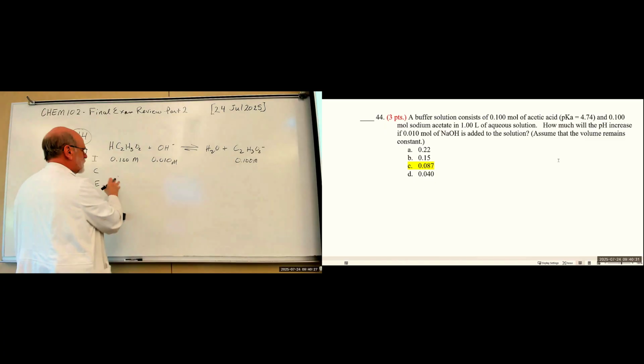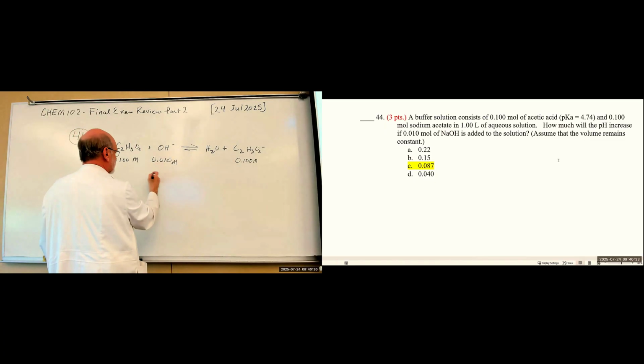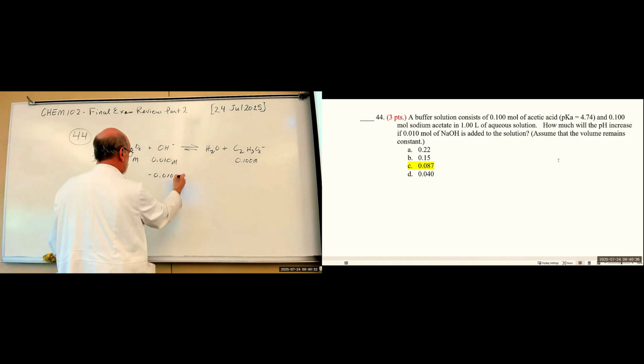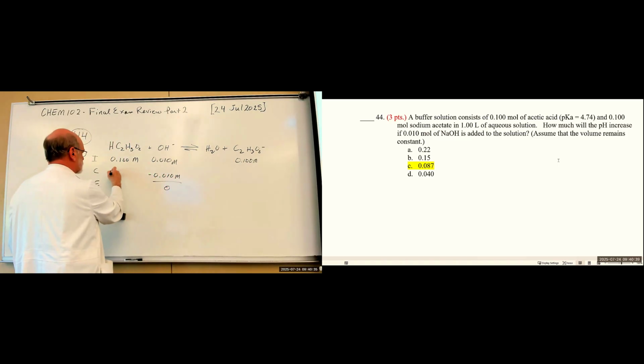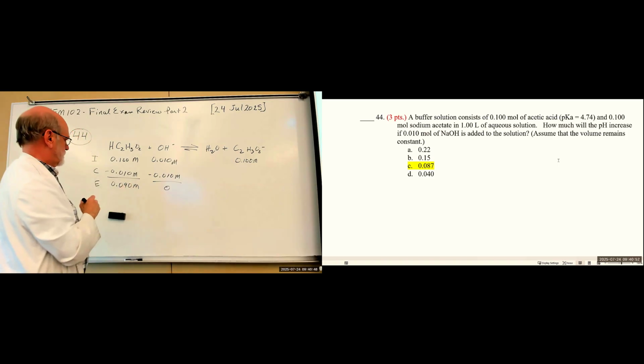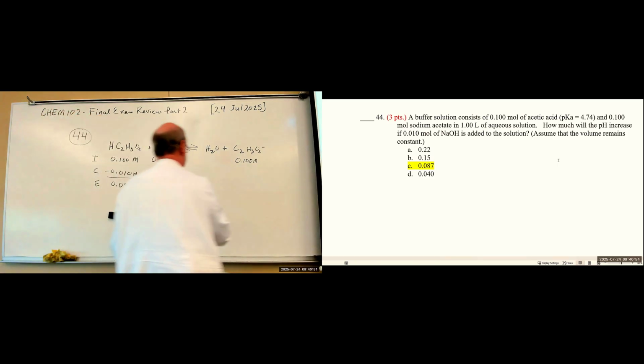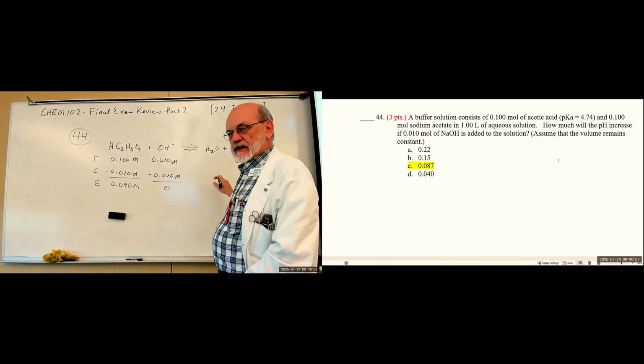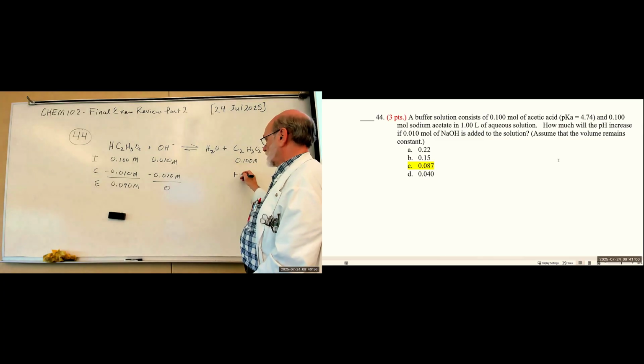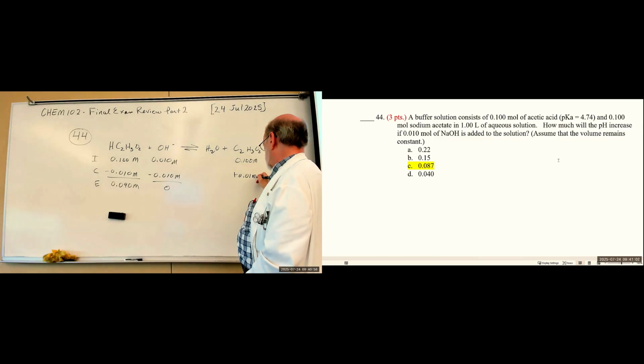So this is going to completely react, 0.010 molar. That gives us 0 here. And 0.010 molar is subtracted from the acid because it has to react 1 to 1. This is 0.090 molar. And what it's going to do on the other side is produce plus 0.010. So this will be 0.110 molar.